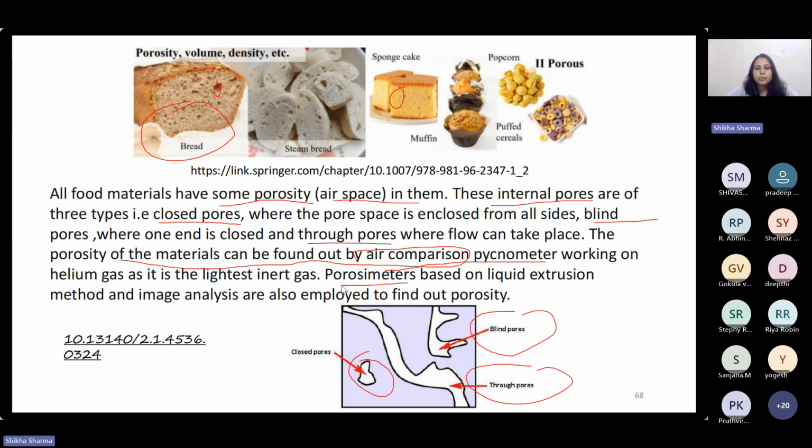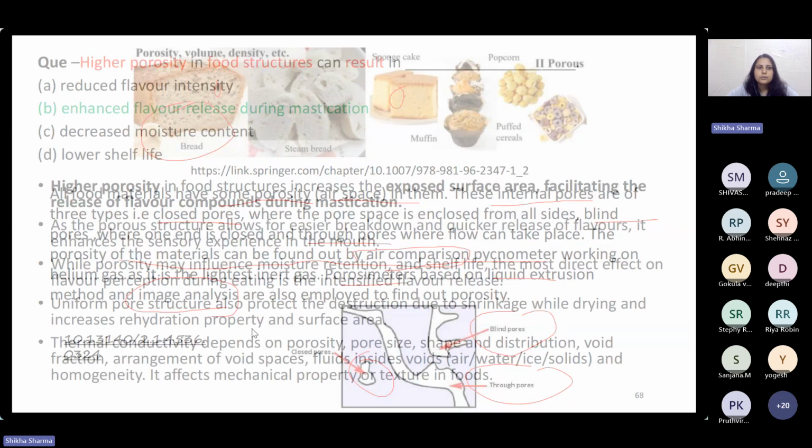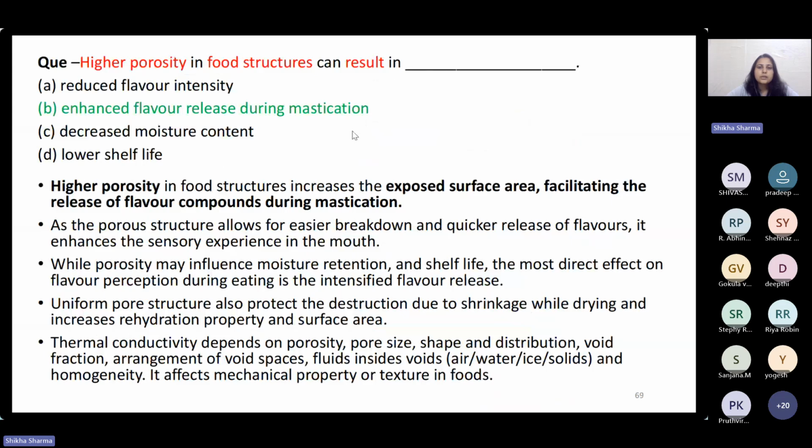Also from the porosimeter we can calculate based on the liquid extraction method, and we can also calculate from image analysis like FESEM to find the porosity. And here in this question the answer is B, not C. So let me explain why. Higher porosity will be there in the food structure. That means the surface which is exposed is more.